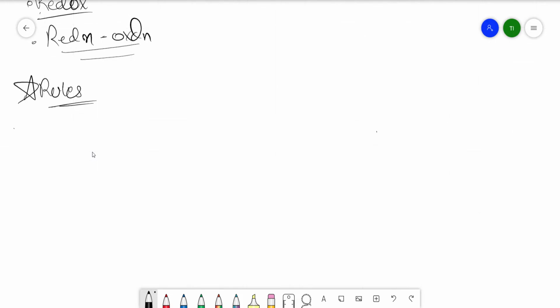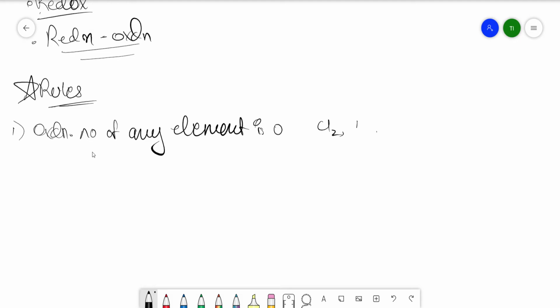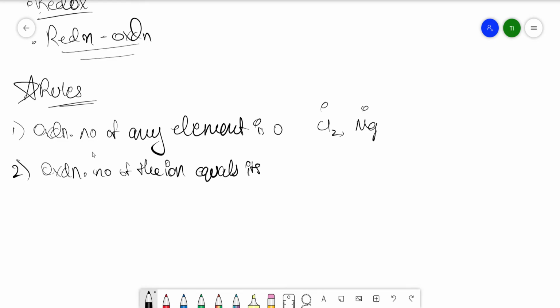So firstly, the oxidation number of any element alone is 0. For example, if you're given Cl2 or Mg, these alone have an oxidation number of 0. The second rule is that the oxidation number of an ion equals its charge.